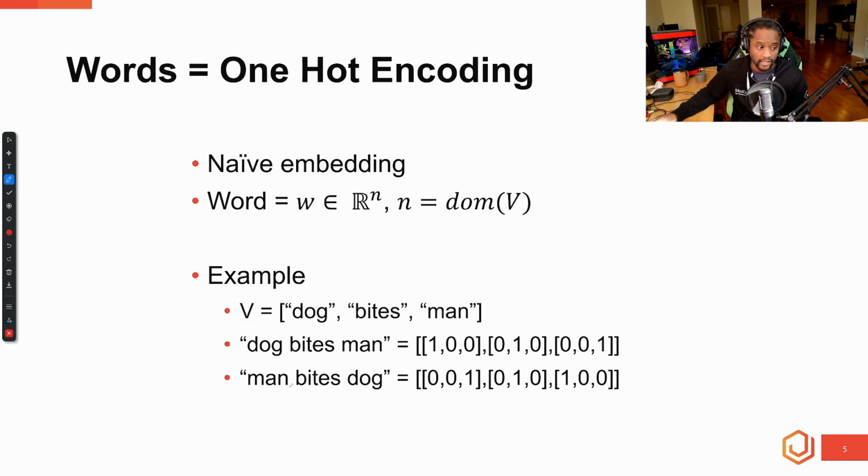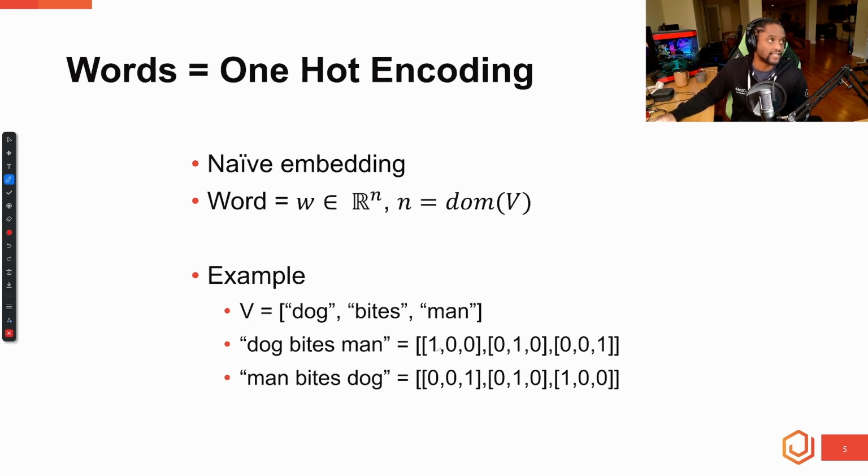In the case of the English language, by default, that would be 500,000 indices in this vector, 500,000 dimensions, 500,000 indices in this list, you could think. And only one of them is going to be 1 and everything else will be 0. That's the most simple way to represent words as numbers.